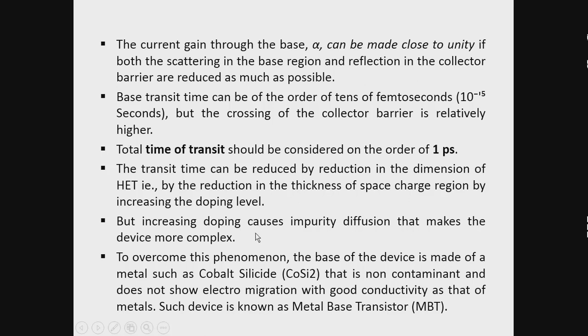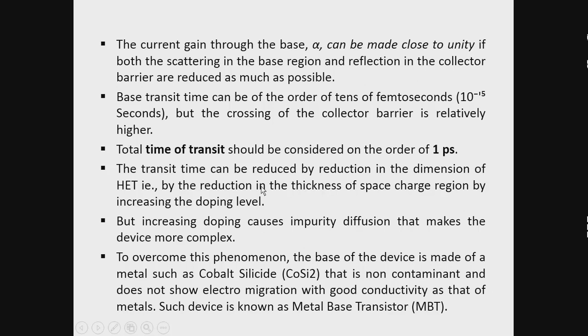So, in order to overcome this phenomenon, the base of the device is made of a metal such as cobalt silicide, which is a non-contaminant and does not show electromigration, with good conductivity as that of a metal.